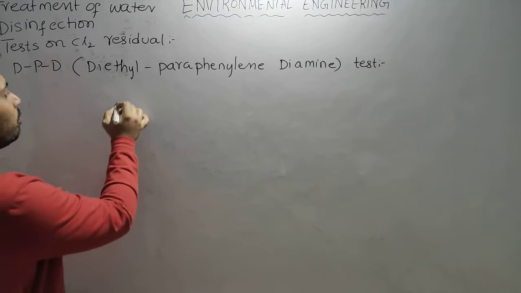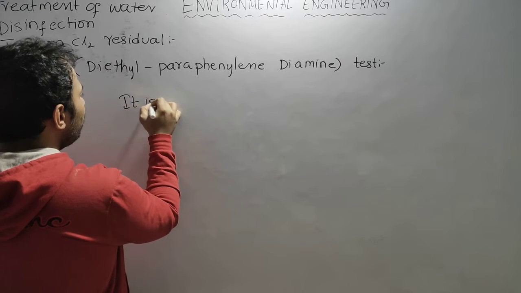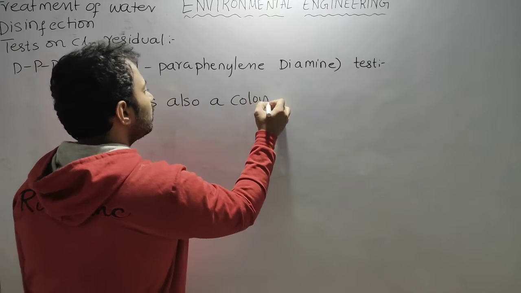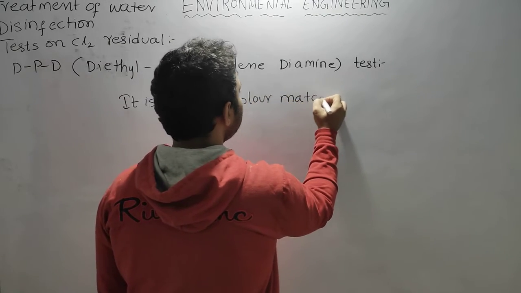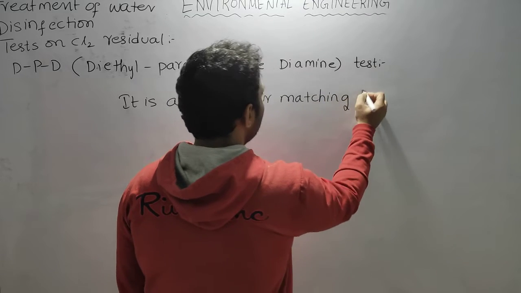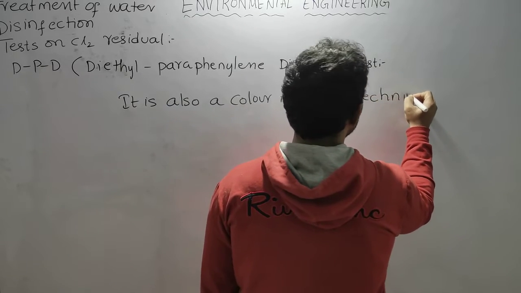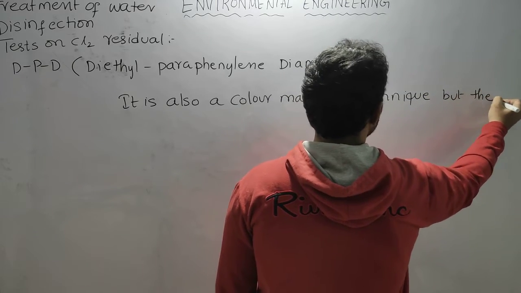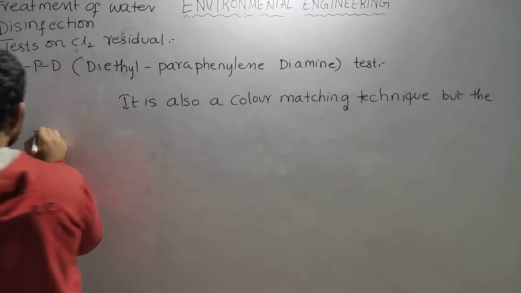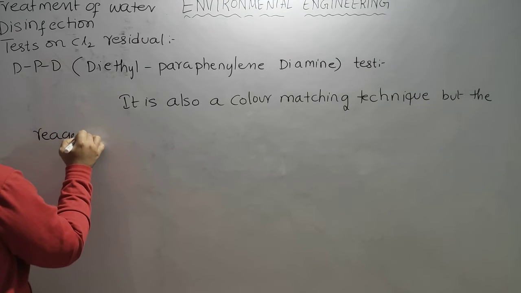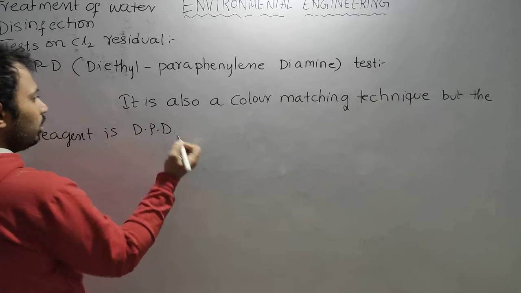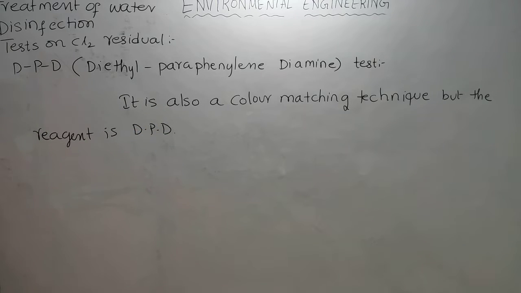It is also a color matching technique only, but the reagent is DPD. That is the only difference. Whatever color is formed, just check the color concentration. That will give you the Cl2 residual concentration.